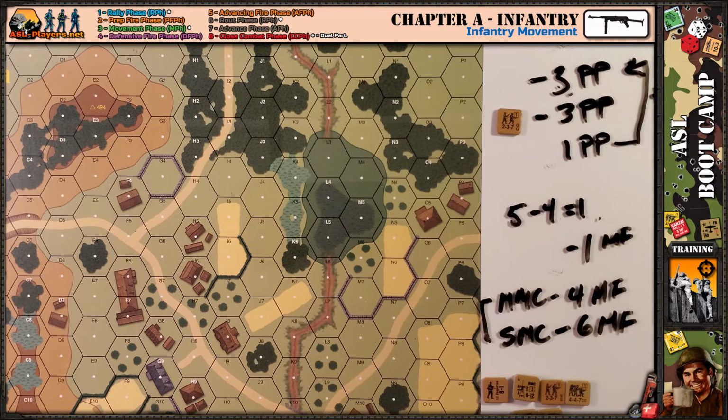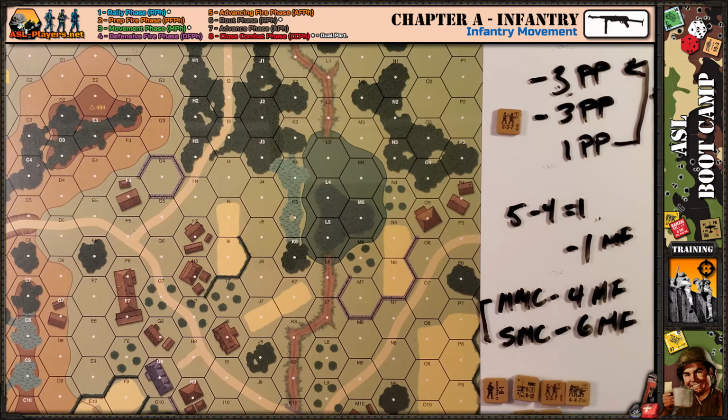Now, that was inherent portage points. I believe I touched on everything. The key thing to remember is squads 3, leaders 1. They can combine for 4. For every portage point over your capability, whether you're with a leader or not, is subtracted from your movement factors.